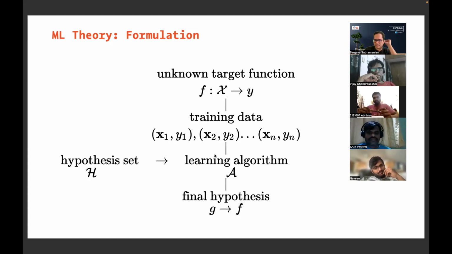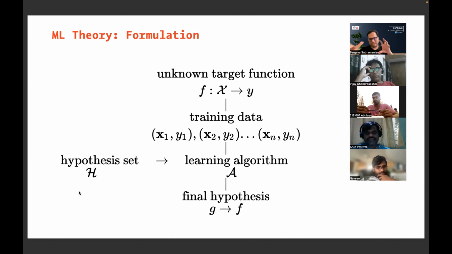How are we going to do that? We are given an arsenal of different hypothesis sets. The hypothesis set is the set of algorithms that we can try. We talked about different algorithms such as random forest, gradient boosting, decision tree, linear regression, and within each one you can change your hyperparameters.